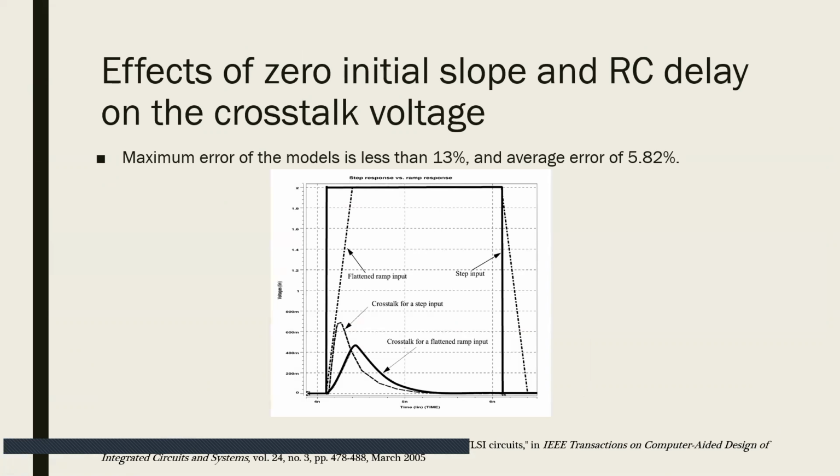So the effect of the rising time of the step input is shown on this graph. We can see that for a flattened ramp input, the crosstalk is lower in voltage but longer in time, while the crosstalk for step input is much steeper and immediate, with a higher peak, and then decays faster.